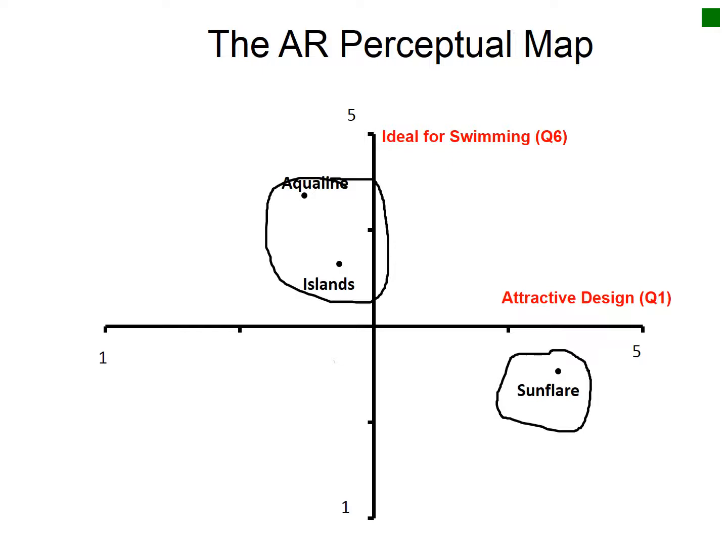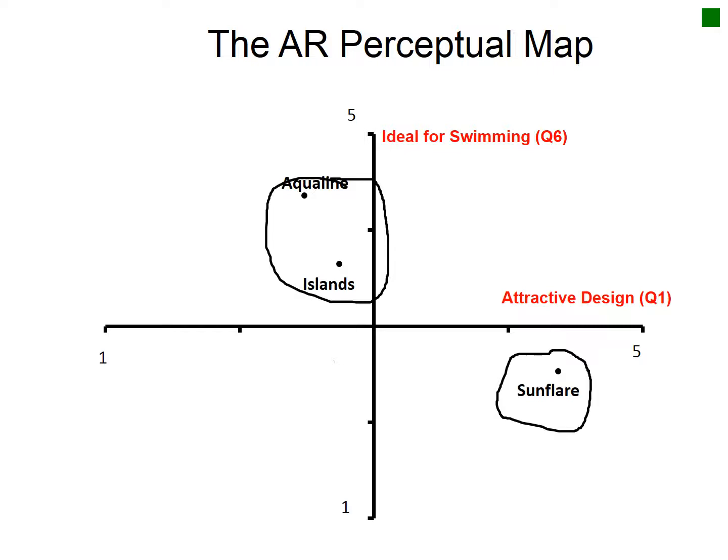Whereas Aqualine and Islands are probably fairly close competitors. They are more functional in the sense that they're more ideal for swimming, if that's maybe a functional type of attribute. They're probably less fashion oriented, in the sense that they score quite a bit lower than Sunflare on attractive design.